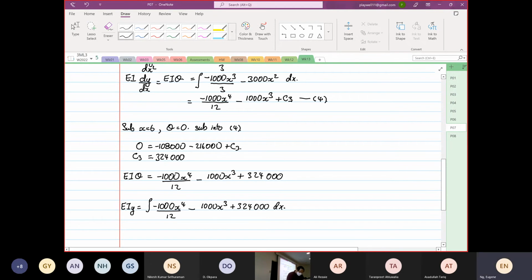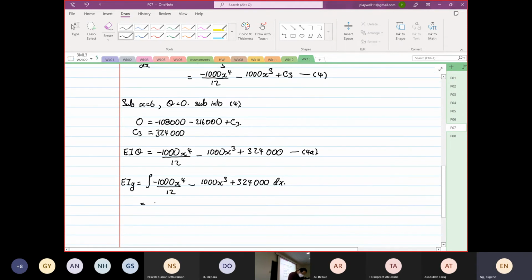So finally, this is our equation for y: minus 1000 x to the 5 over 60 minus 250 x to the 4, because 1000 divided by 4 is 250, plus 324000 x plus C4.